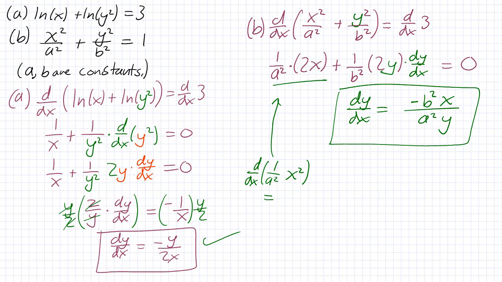So it's the same thing in this case. As x changes, a does not change. So you can just write it as 1 over a squared on the outside, and then multiply that by the derivative with respect to x of x squared. And that's what becomes the 2x. So this is really just the same thing as 2x times 1 over a squared, which is where that comes from.